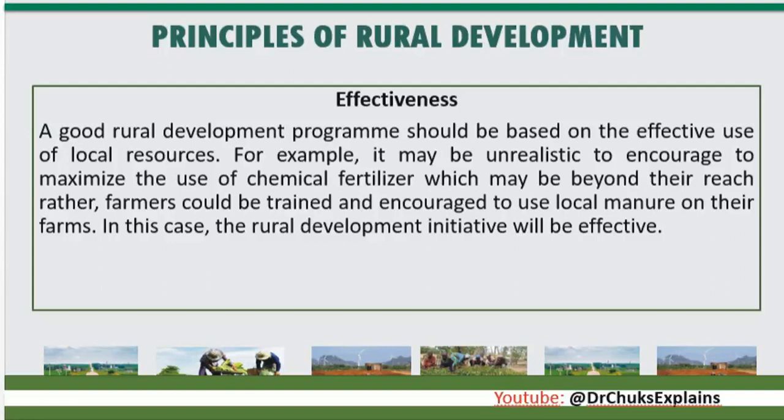Farmers could be trained and encouraged to use local manures on their farm. In this case, the rural development initiative will be effective because now the people can use local resources, which is just local manure, which they can get from their local environment.